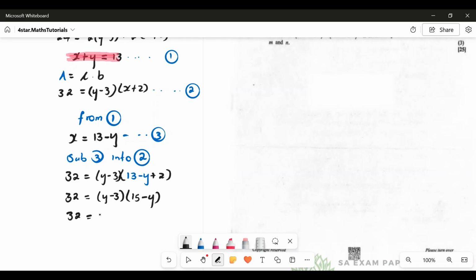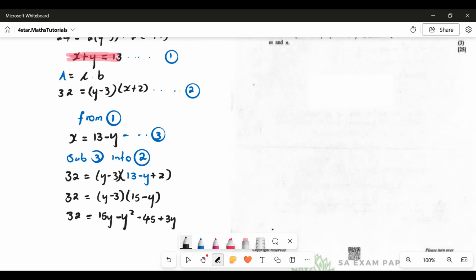Then y times 15 is 15y, y times negative y is negative y squared, then negative 3 times 15 is negative 45, then negative 3 times negative y is 3y.